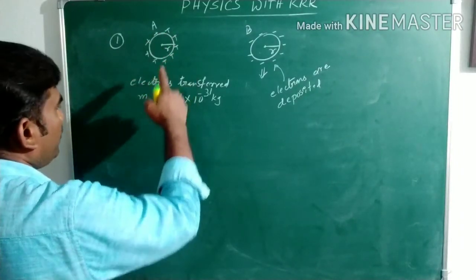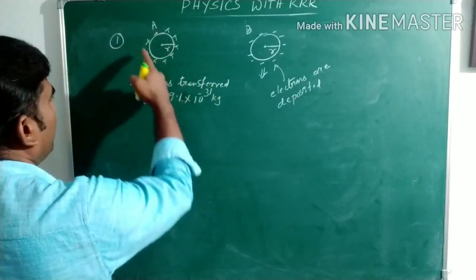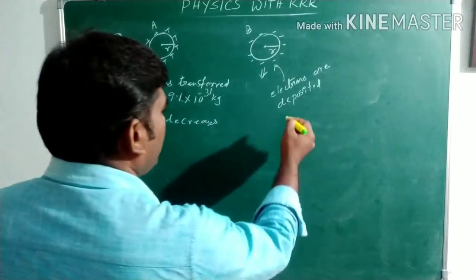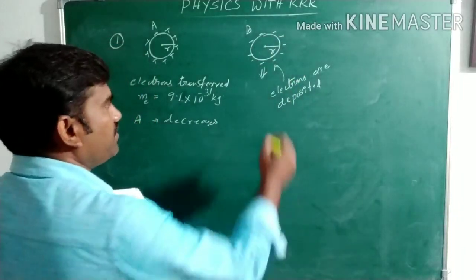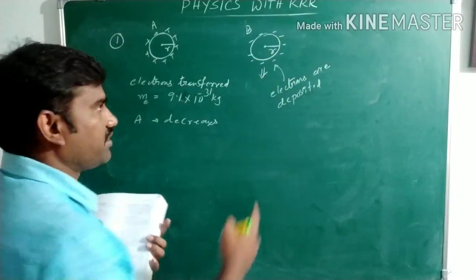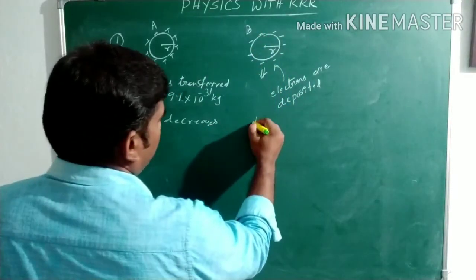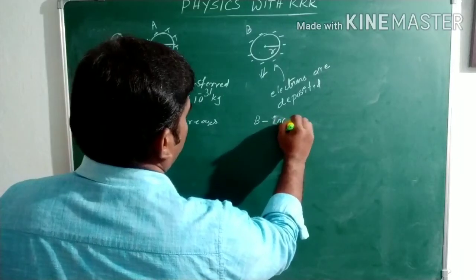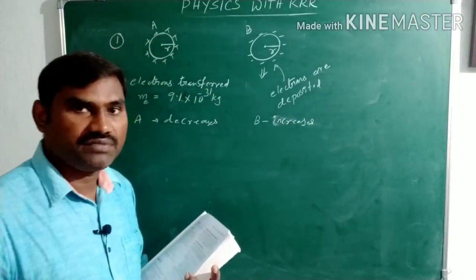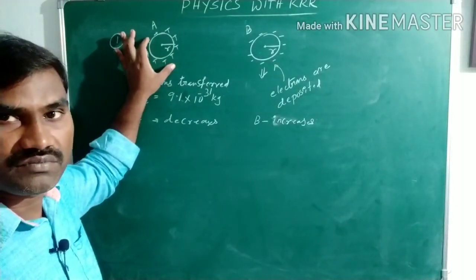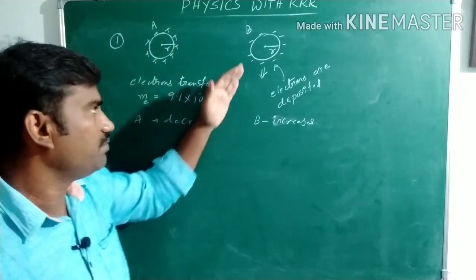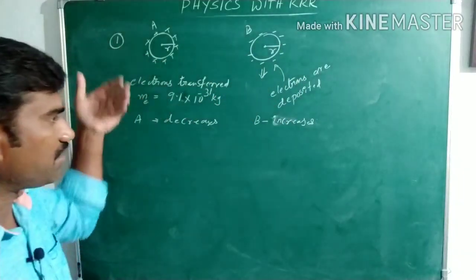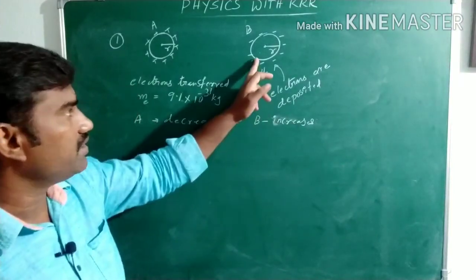So when electrons are transferred from a positively charged body to another body, the mass of A will decrease. Whereas electrons are deposited on this surface, that means when a body is negatively charged, an excess number of electrons are deposited on the surface of the body, then the mass of B will increase. So in the concept, the mass of a positively charged body decreases, whereas the mass of a negatively charged body increases, because this is addition of electrons, this is lack of electrons. So option D is correct. Mass of B will increase.